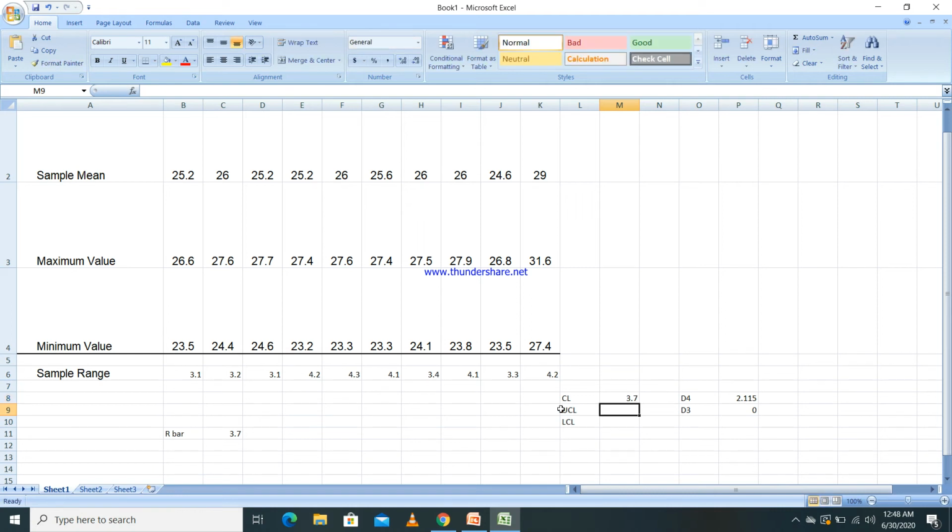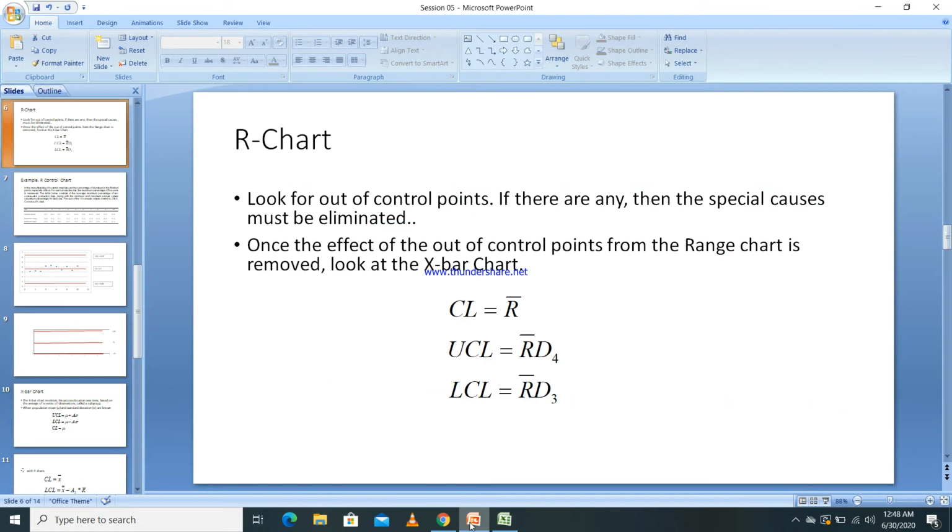And when it comes to the upper control limit and the lower control limit, the formulas are: upper control limit is R bar, the average of the range values which we have already calculated, 3.7, times D4. And the lower control limit is R bar times D3. So R bar is 3.7.